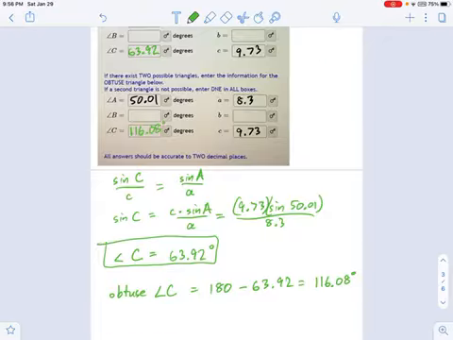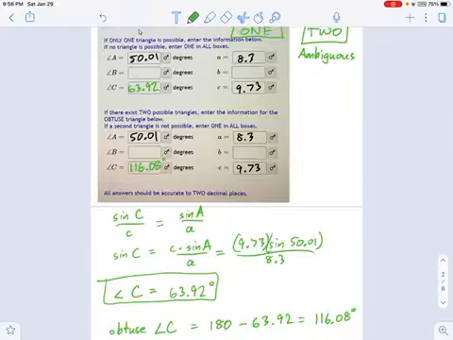And now what's left is to find angle B, which should be pretty quick because, let me change colors here, if I'm looking for angle B, I know that the three angles added together is 180. I can say B equals 180 minus A minus C, and that's going to give you different results in the top and in the bottom.